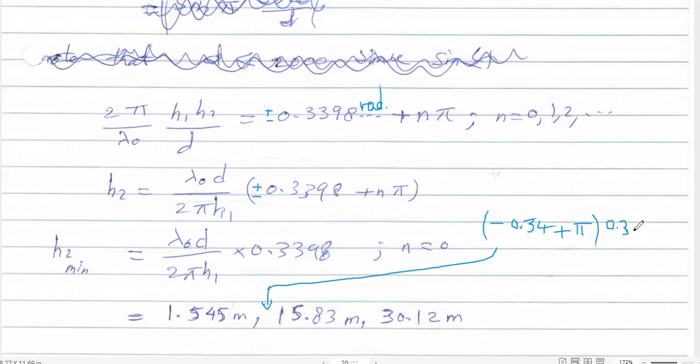Times 2000 meters over 2 pi H1. H1 is, how much was H1?